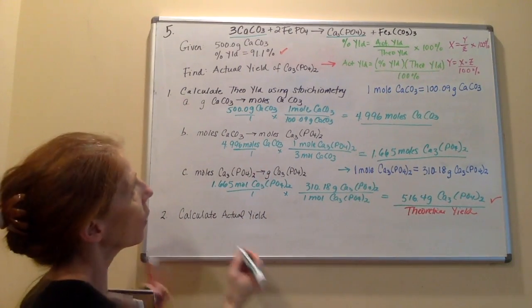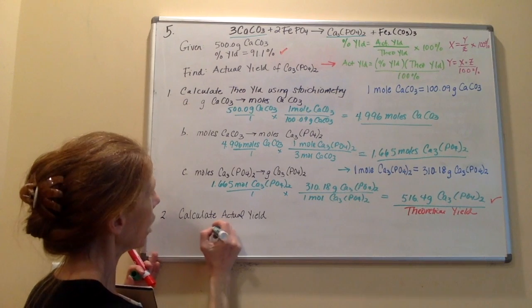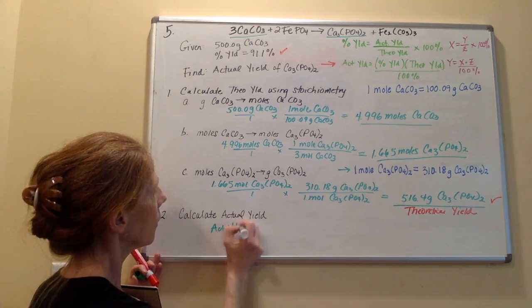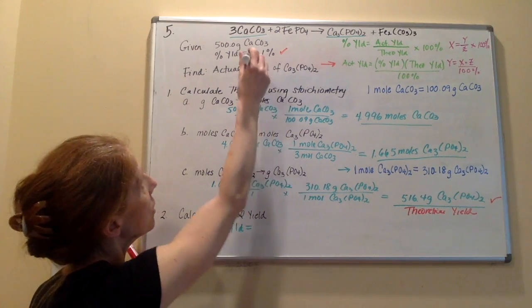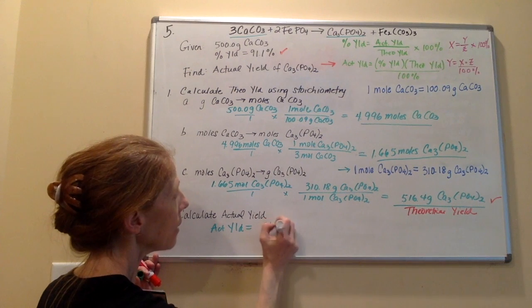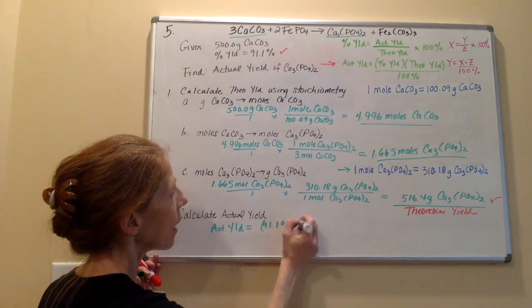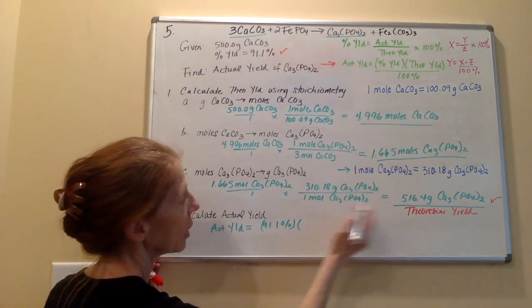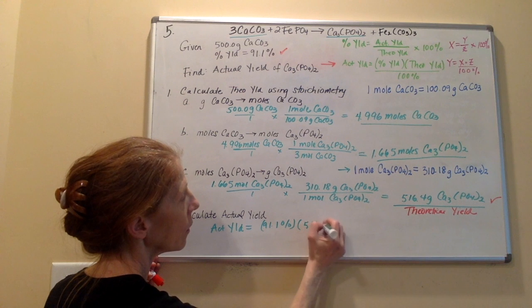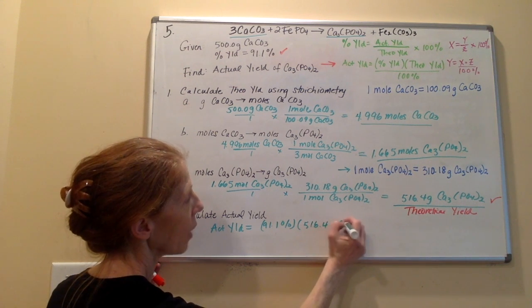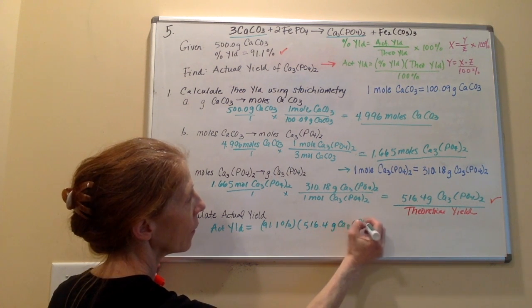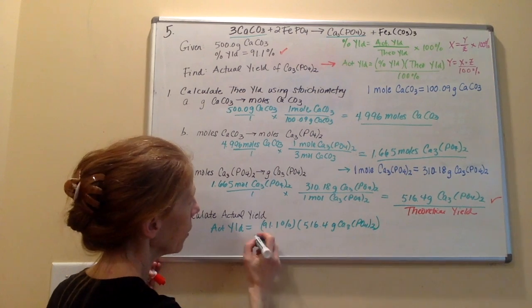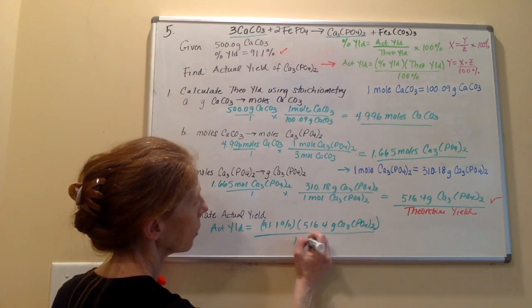Let's do that. So my actual yield is going to be my percent yield, which is 91.1%, times my theoretical yield, that's what I just came up with, 516.4 grams, divided by 100%.